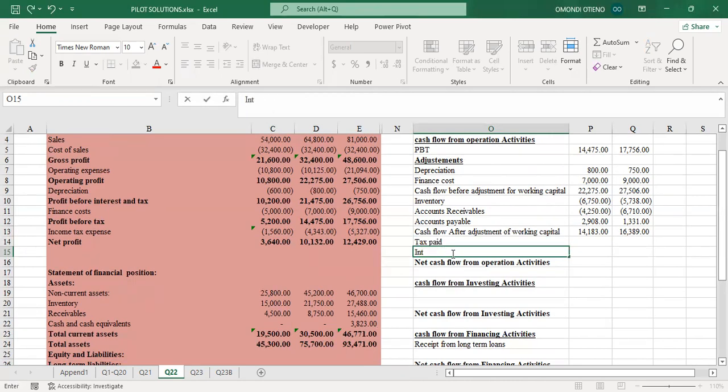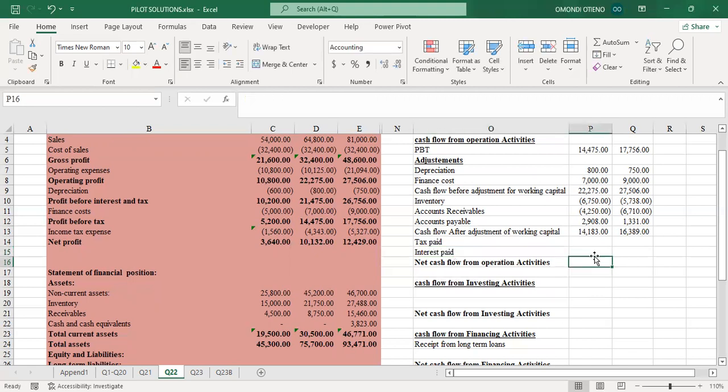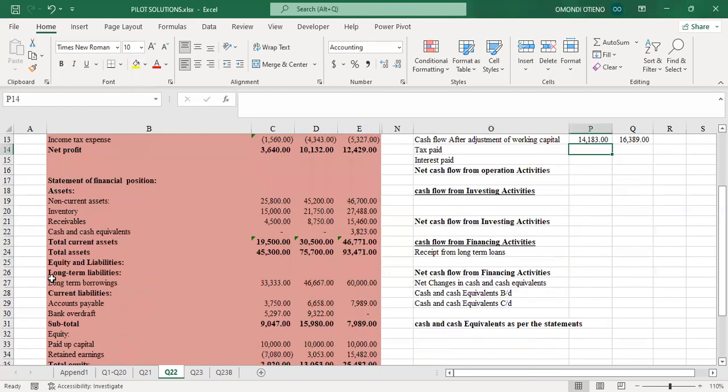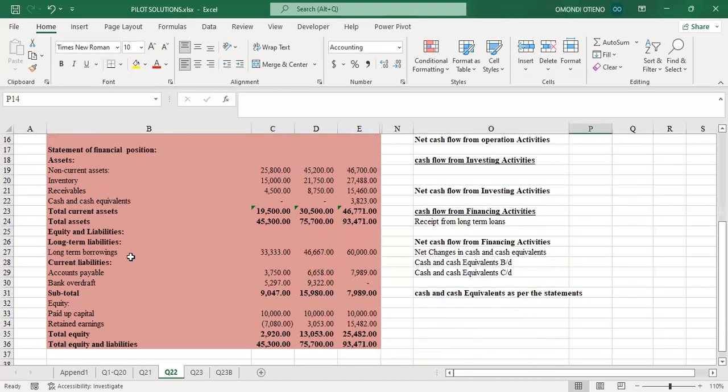So interest paid. So interest or tax paid, we now come to our balance sheet under current liabilities. Do we have anything like tax liability account? No. Do we have anything in the name of interest payable?